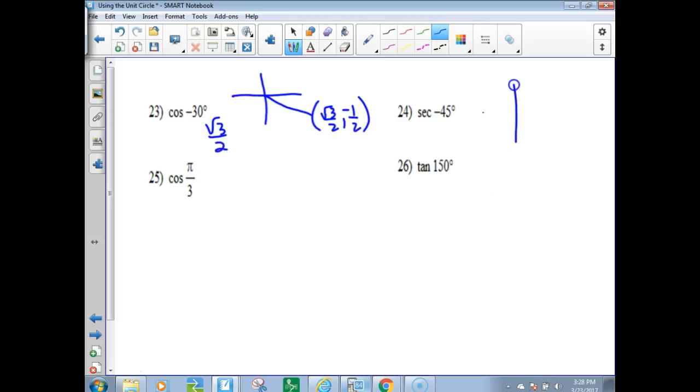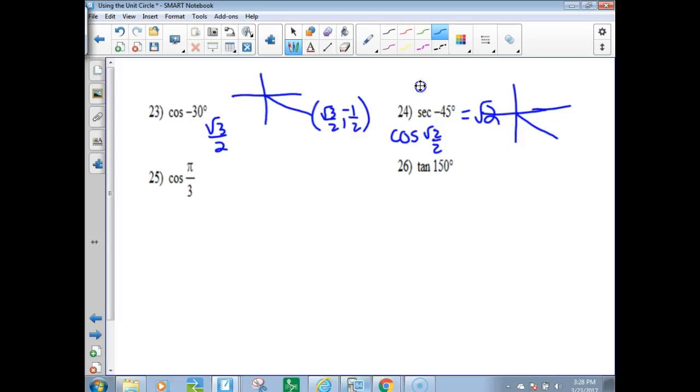Okay, negative 45. Oh, now you got to do the secant. The secant is the reciprocal of what? So I'm going to think, what's the cosine there? That would be square root of 2 over 2. So this is going to be, actually, that's 1 over the square root of 2. It's actually the square root of 2. Now, I know that because I've had experience, so I'm going to explain it.